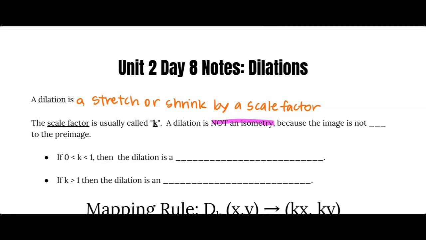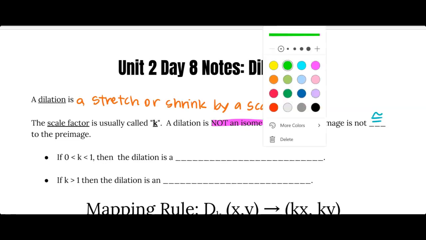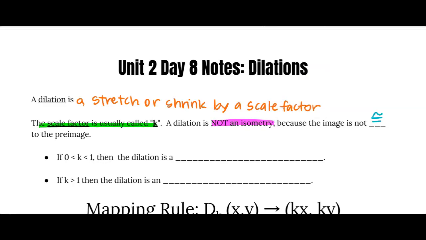So remember we talked with reflections about isometry and the image and the pre-image being congruent. So since a dilation makes the figure bigger or smaller, it's not an isometry because the image is not congruent to the pre-image. And the key piece here is this scale factor is usually called K. And so that's the amount that the figure is getting bigger or getting smaller.